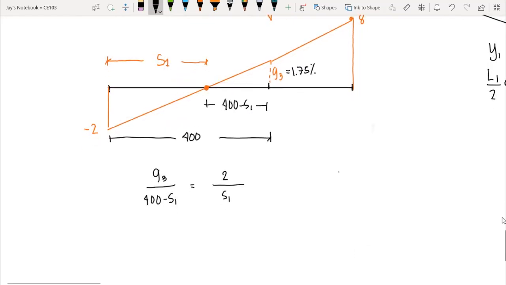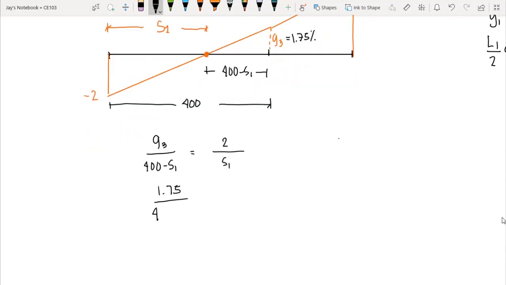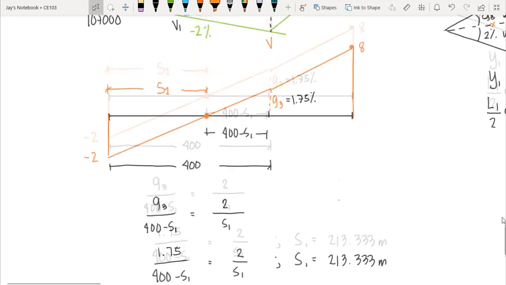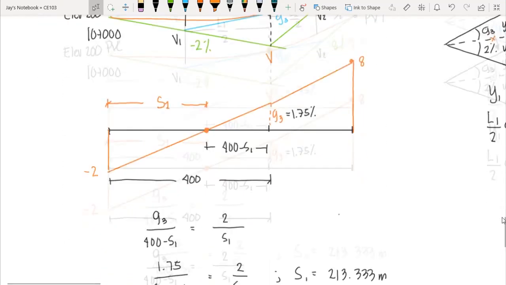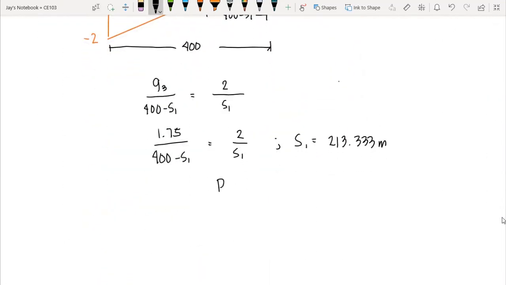So we have G3, which is 1.75, over 400 minus S1 is equal to 2 over S1. So we have our S1 here, which is equal to 213.333 meters.